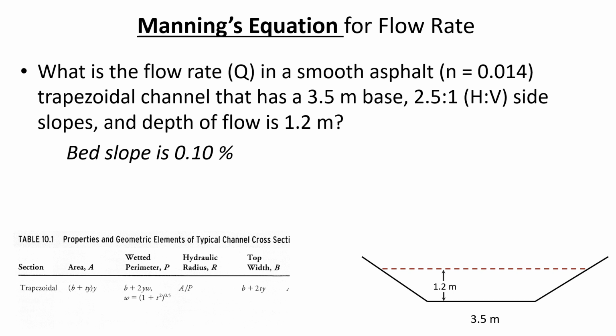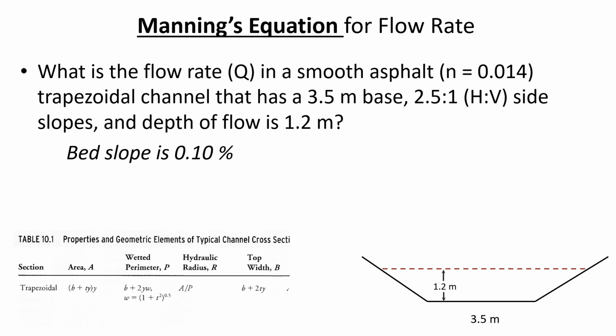That gives you the rectangle area component of it. And then what's the area of the edges? If we're going up 1.2 meters, and it's 2.5 to 1, then on each side, 1.2 times 2.5 means that the length here is 3 and the length here is 3.